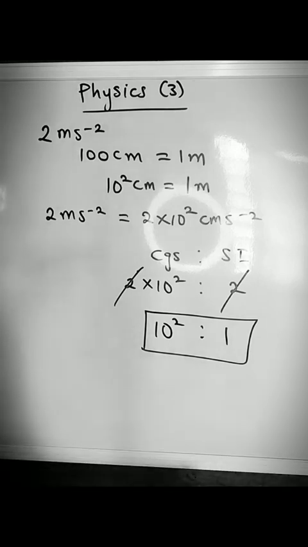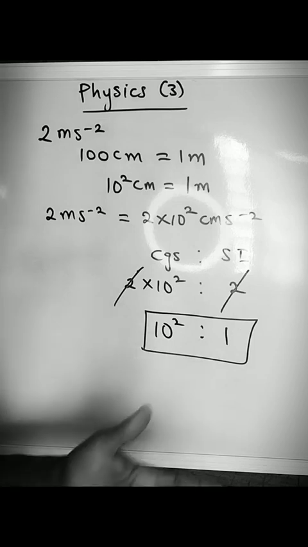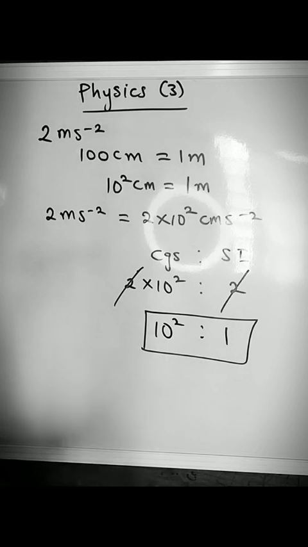For these videos, I want to believe that our viewers are quite familiar with the idea of fundamental quantities or base quantities and their units, and also the idea of derived quantities and derived units.